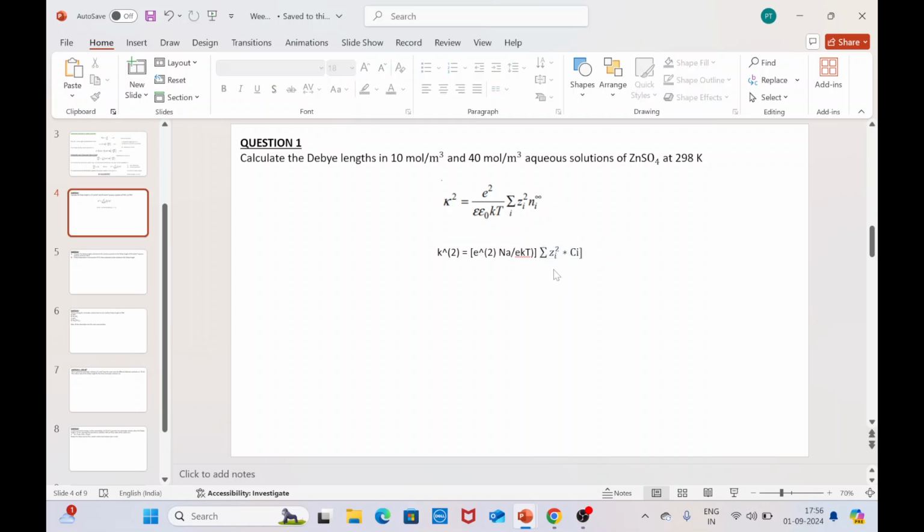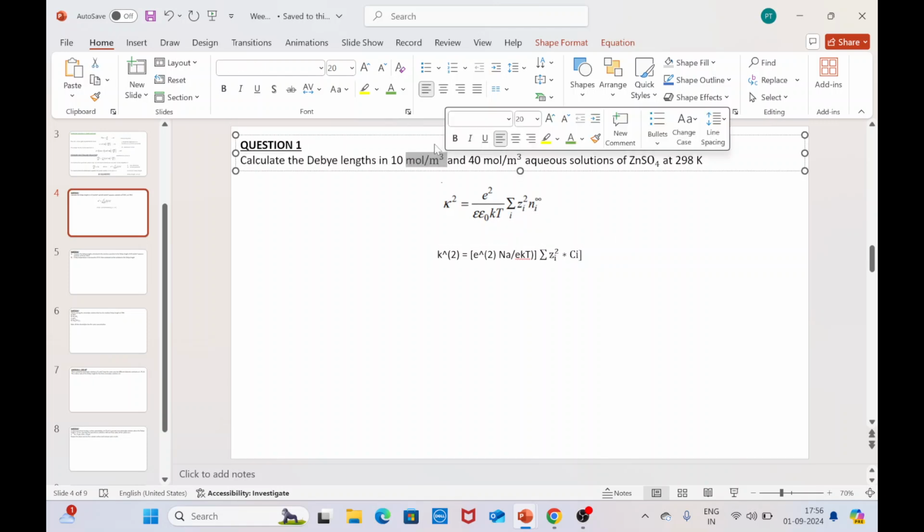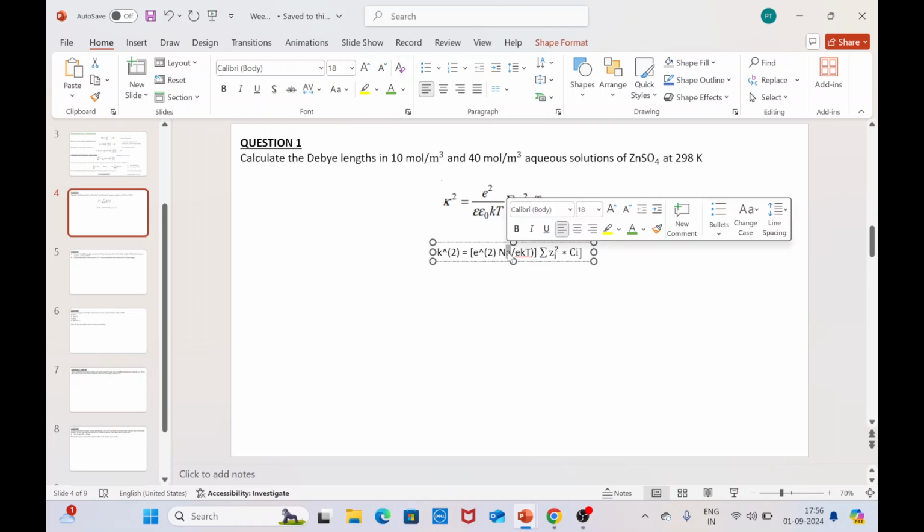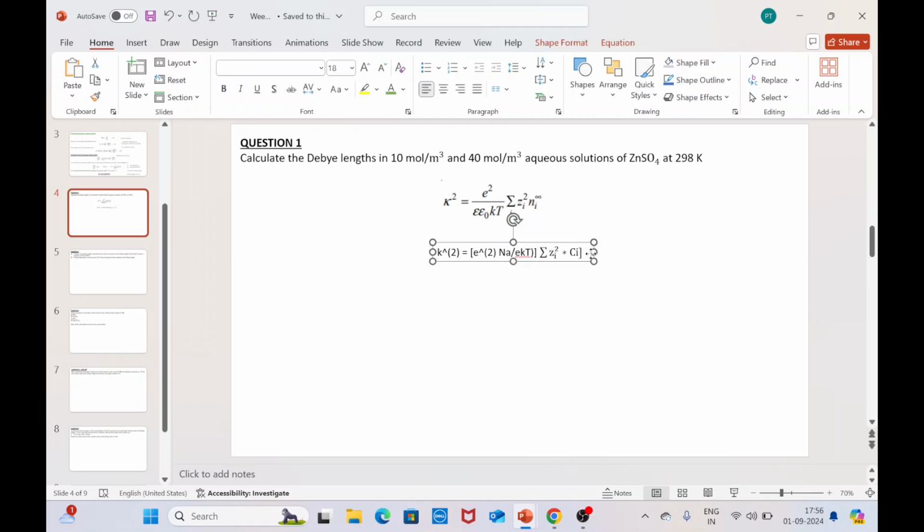So the expression will now get modified. Here it was in terms of Ni, the concentration of the ion, but since the units are given in moles per meter cube, we need to convert this. So now the expression is something like this.